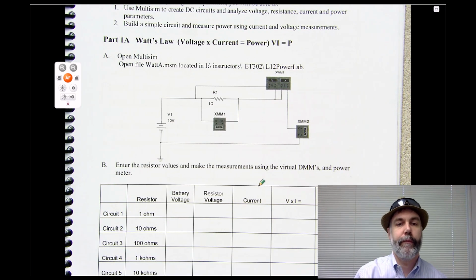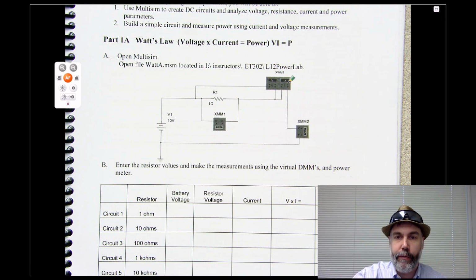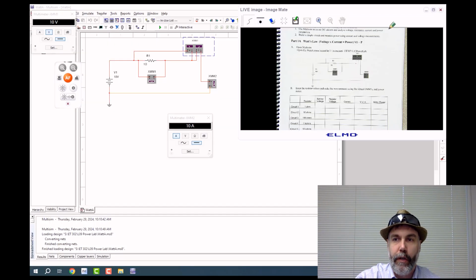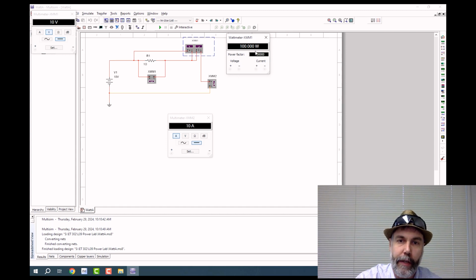The meter power is the watts? Yeah, the meter power is the reading that you get from this watt meter in Multisim. Is that the one that says right below the 100 watts? Yeah, that's this meter right here. 1,000, right? No, that's actually 100. The numbers are a little bit small.